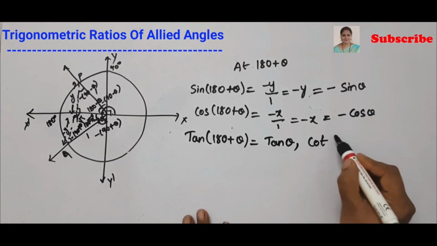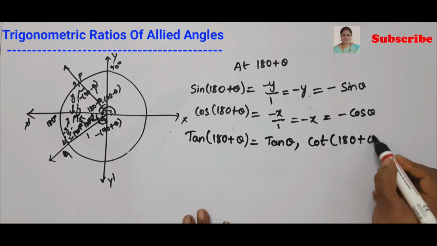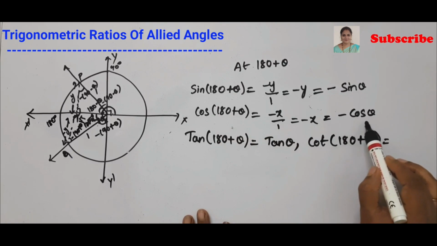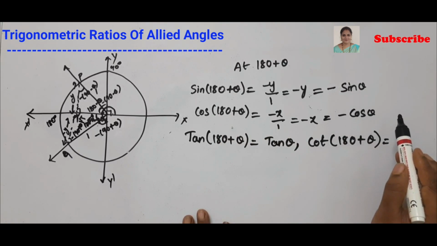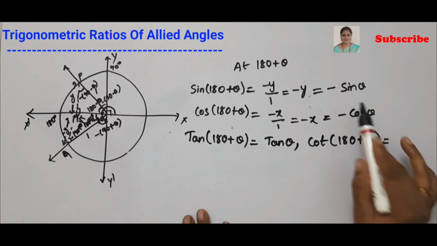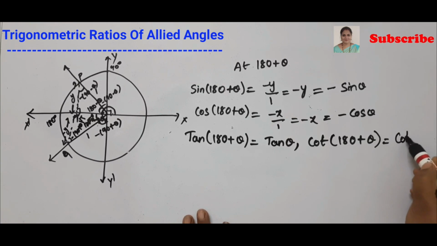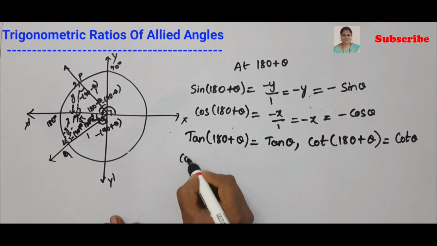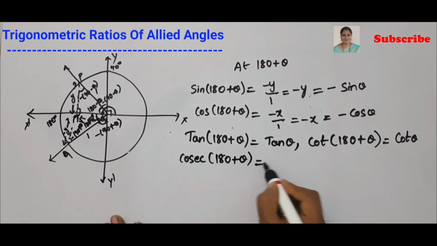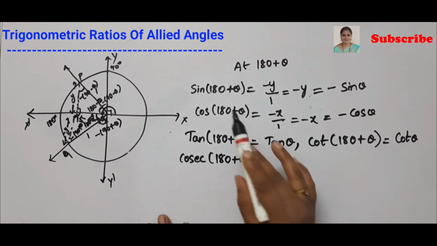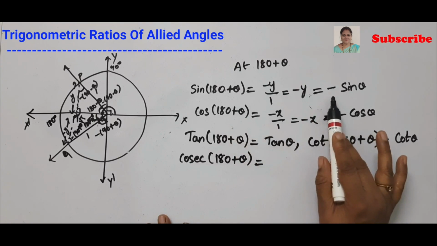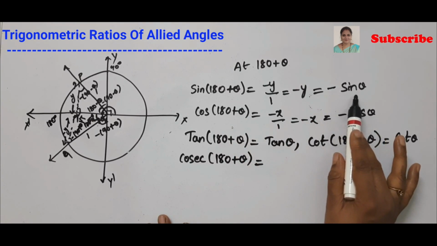Next, cot 180 plus theta. Cot 180 plus theta is nothing but cos 180 plus theta by sin 180 plus theta. So minus cos theta by minus sin theta, we will get cot theta. Numerator is negative and denominator is negative, and cos by sin is nothing but cot theta. Next, cosecant of 180 plus theta is the reciprocal of sin 180 plus theta, 1 by sin 180 plus theta, which is nothing but 1 by minus sin theta.